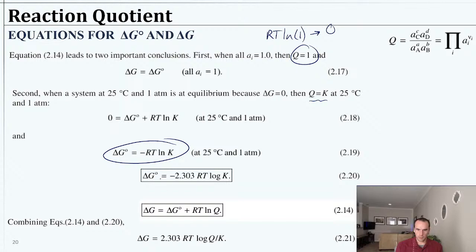We'll have these equations in your exam, and we can actually combine these two back together and say delta G is equal to 2.303 RT log of Q over K. I don't know if we really need that one too often, but these are kind of the governing equations we can use in order to do these thermodynamic calculations and connect it to our equilibrium reactions.